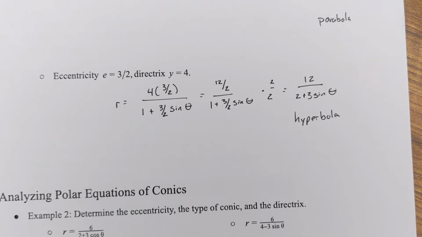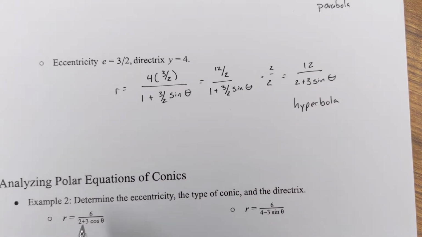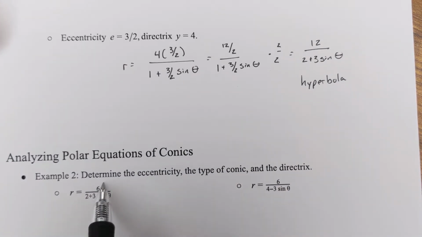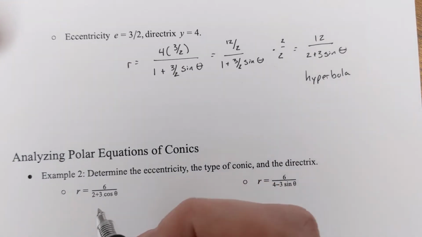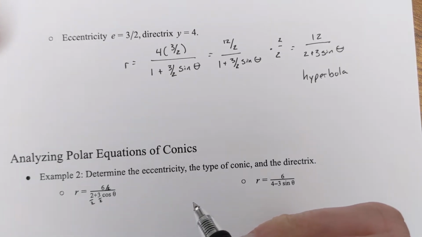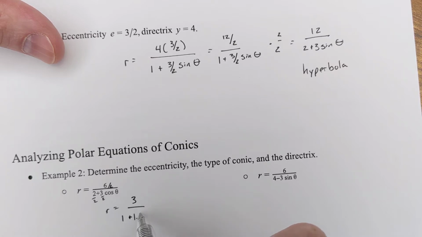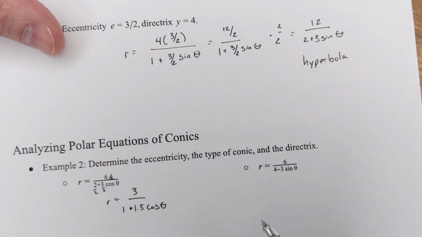So let's see here. Since our default formulas have 1s here, we need to divide the top and bottom by 2. So it needs to look like this: r equals 3 over 1 plus 1.5 cosine theta.